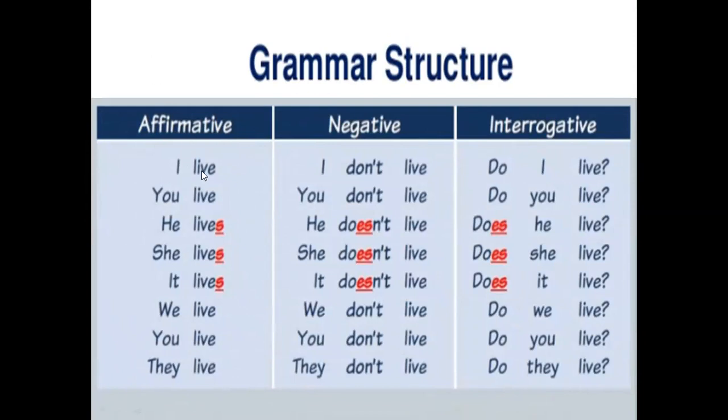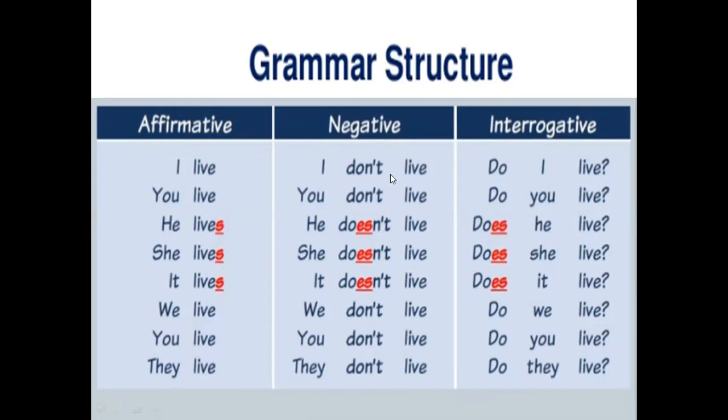I live, you live, he lives, she lives, it lives. We live, you live, and they live. And once again, when the subject is singular, he, she, it, we have to add s at the end of the verb. Take note.